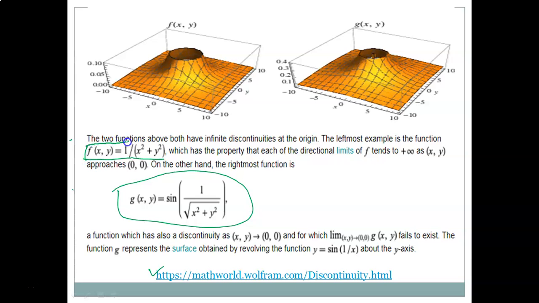For this function f(x,y), the graph is like this, and here is the visualization of this function. Now you can see in this situation, if you find the value of f(0,0), then you can see 1 upon 0, it is infinity. And similarly in this case, g(0,0) is infinity.